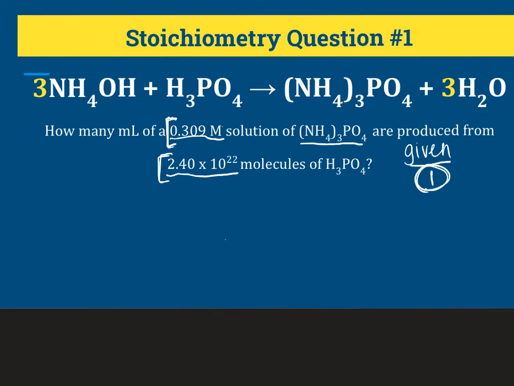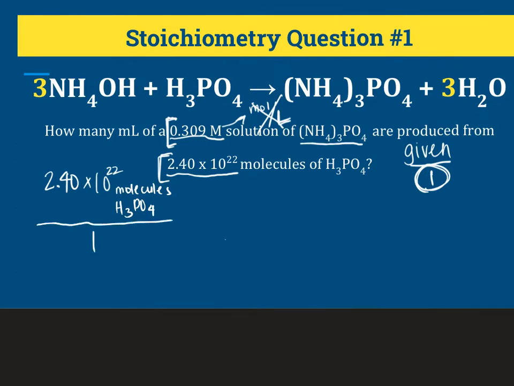So we know that molarity is moles over liter, so this one is not going to be something that we can use over just 1 because there's a unit. So we will go ahead and start with the 2.40 times 10 to the 22nd, and that is molecules of H3PO4. We can just go ahead and throw that over 1.